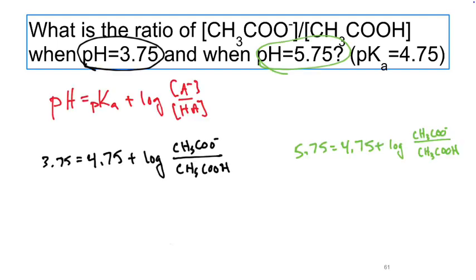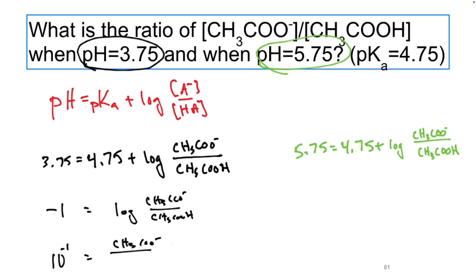If we set up our system, we're going to get negative 1 equals the log of CH3COO minus over CH3COOH. We're going to get 10 to the negative 1 equals CH3COO minus over CH3COOH. What does that mean? Or 1 to 10.